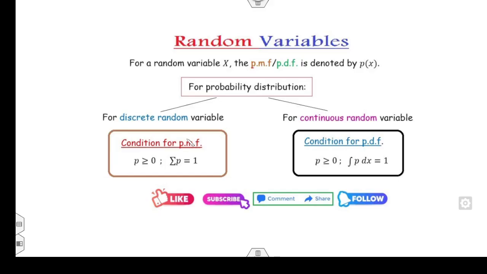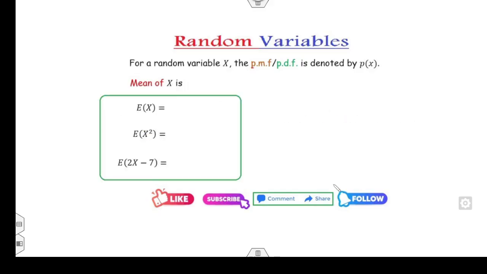Based on these probability mass functions or probability density functions, we can calculate the mean of the variable x, which is the summation of x multiplied by the probability p. If you write x square, then it is x square into p. If you write 2x minus 7, then you write 2x minus 7 into p. Whatever you write here, the same thing should be here.